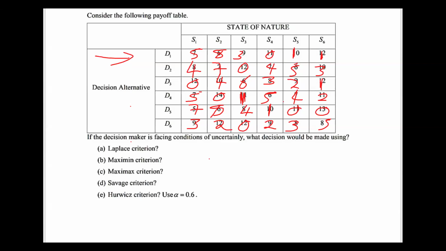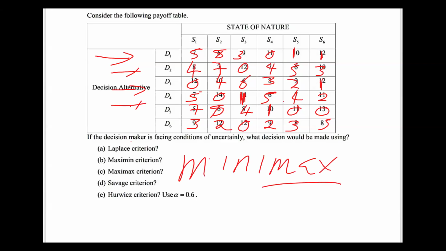Now you have to move along the decisions when you're making the decision. And this is what we call the minimax. You have to start with the maximum, and then the minimum. What is the maximum score in decision number 1?